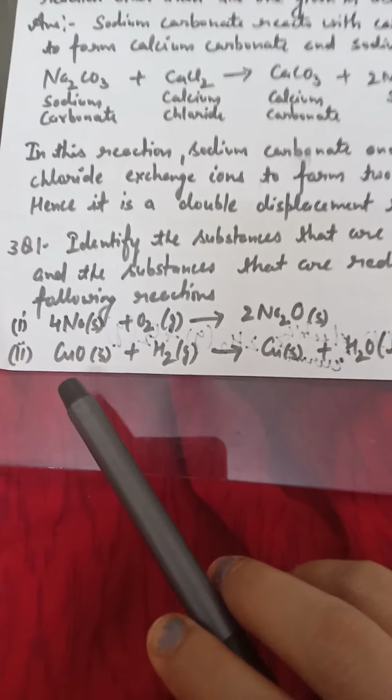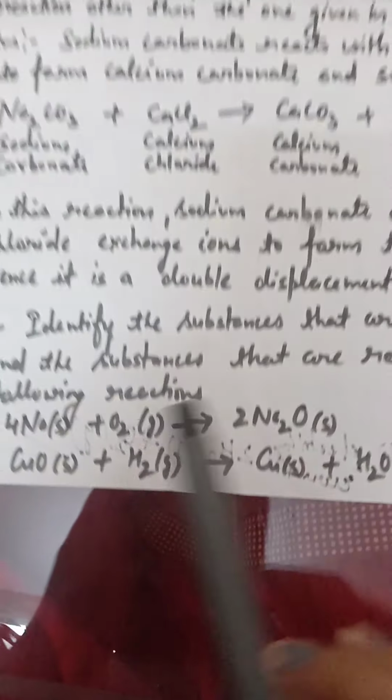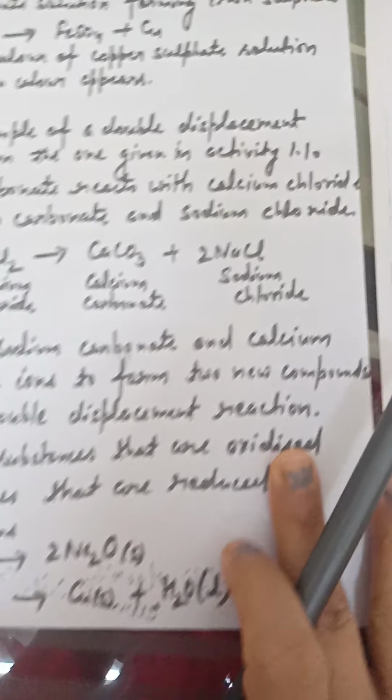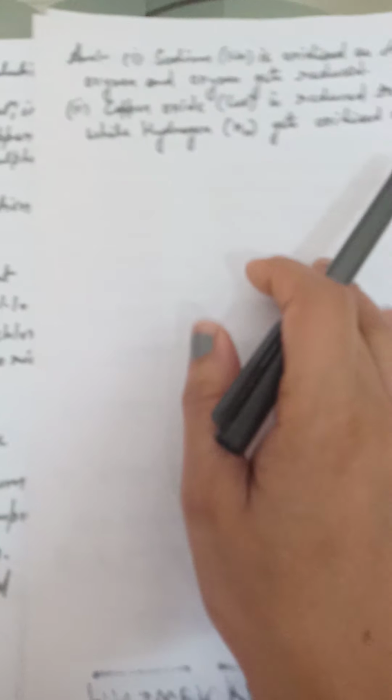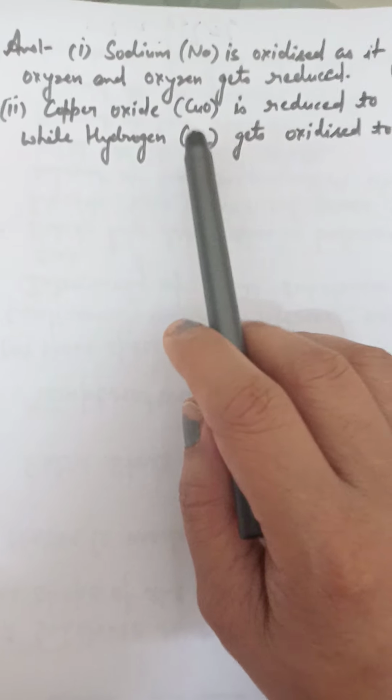Now the next equation: we have CuO, that is copper oxide, plus hydrogen, that is H2. Whenever it reacts, it forms Cu plus H2O. In this reaction, copper oxide is losing oxygen. Whenever oxygen is removed, reduction has taken place and the substance is getting reduced.